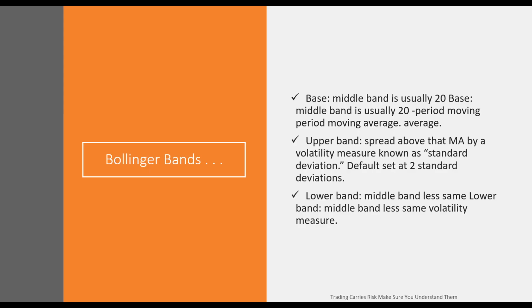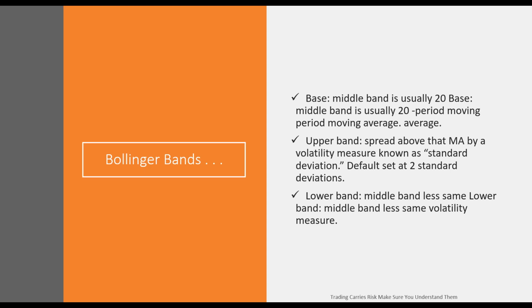So we start out with our base band, which is our 20-period moving average. And from there, we calculate an upper and a lower band based on 2 standard deviations. Now, before we go farther, there's a lot of gurus out there, a lot of analysts out there, a lot of people who want to develop their own systems, who will tell you use a 2.5 standard deviation.